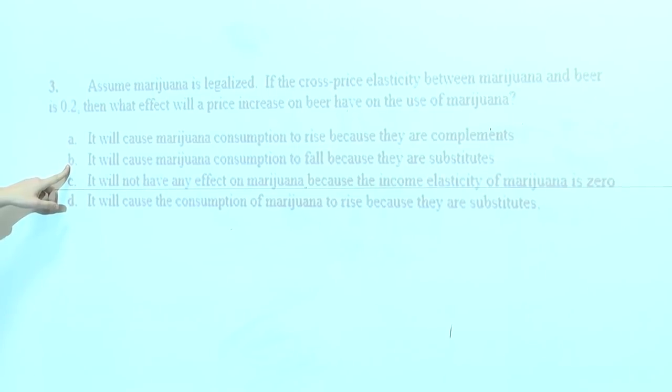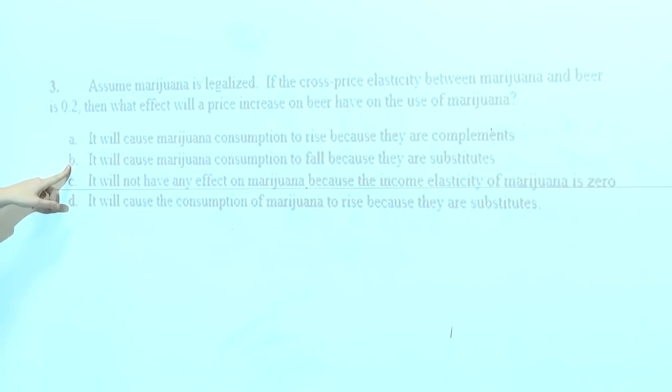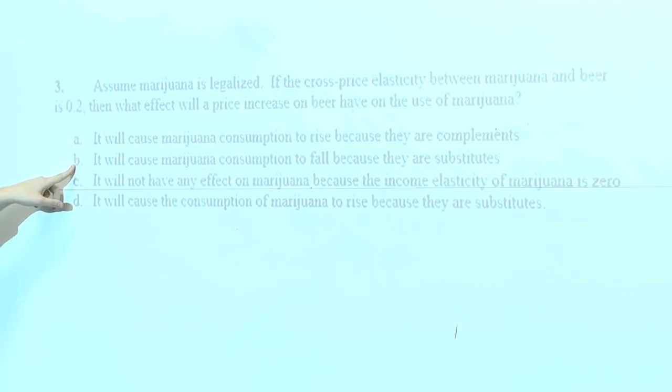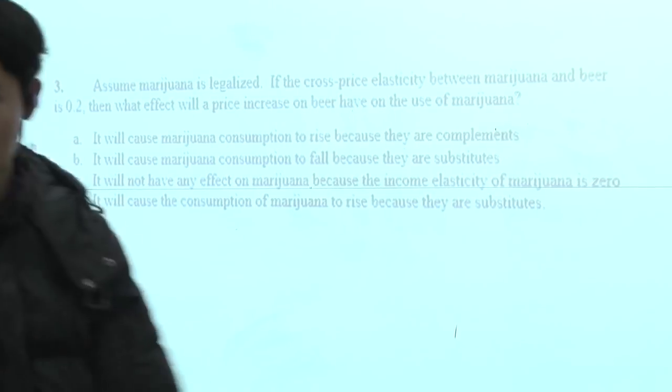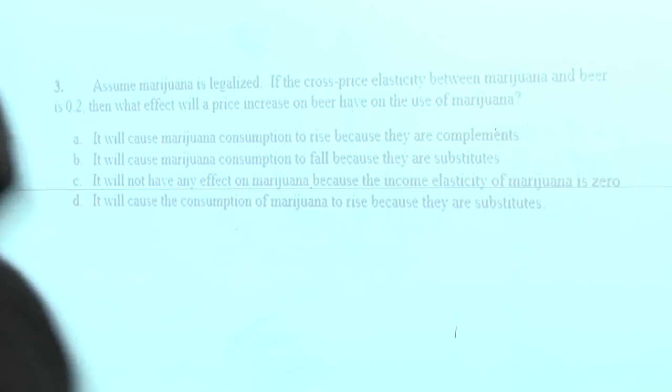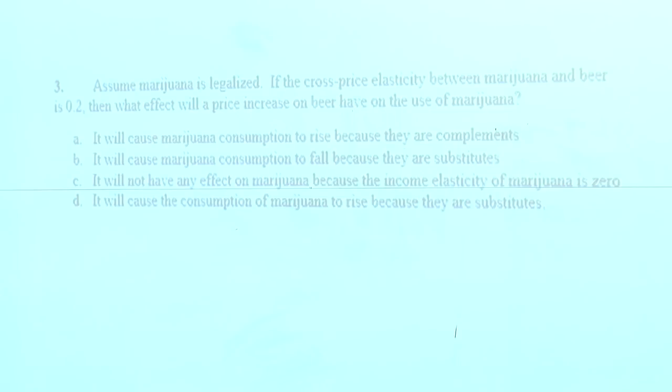I see shaking heads. Why does it not make sense? Price of beer is going up, right? So what should that do to marijuana? That should make marijuana consumption rise, exactly right, because they're substitutes. So the price of beer goes up, people will switch their consumption habits away from beer and to marijuana. Okay, so the answer is going to be D.